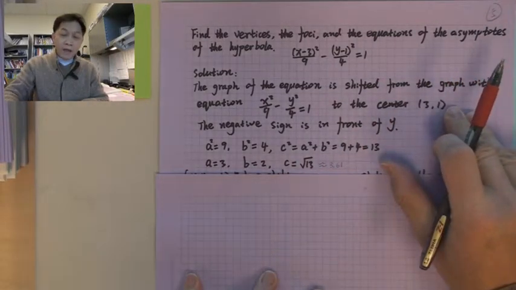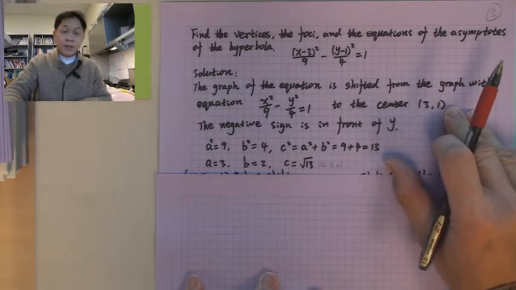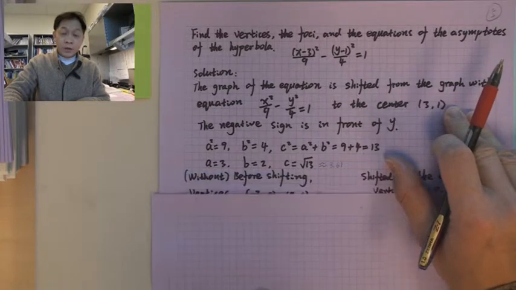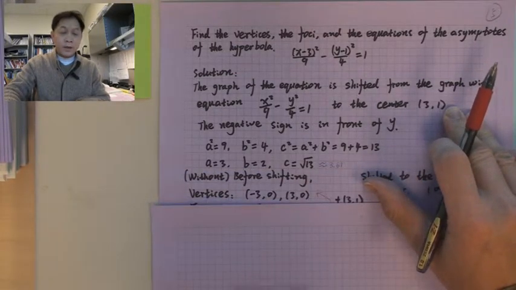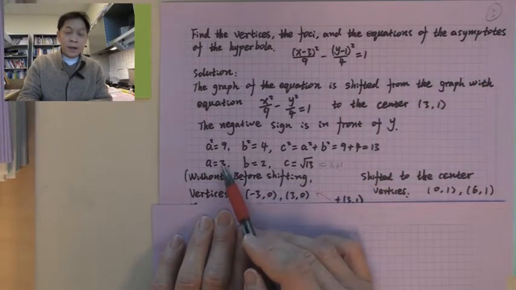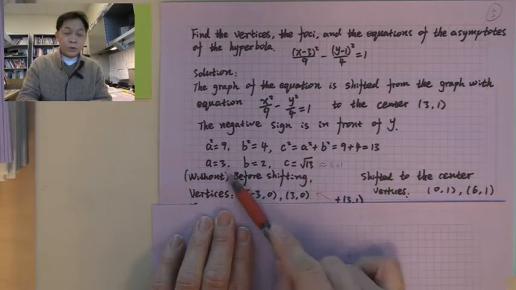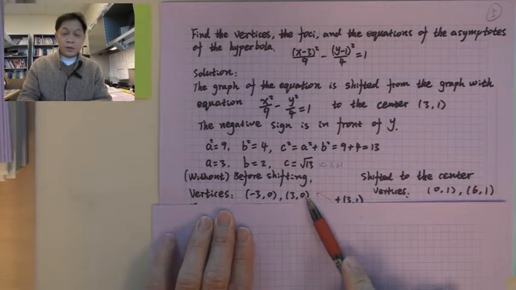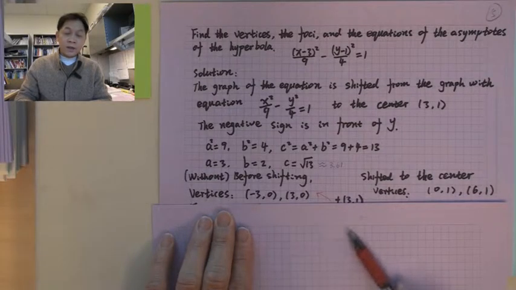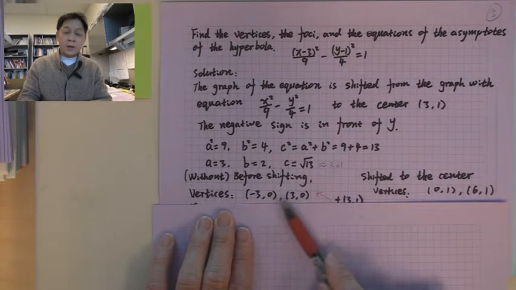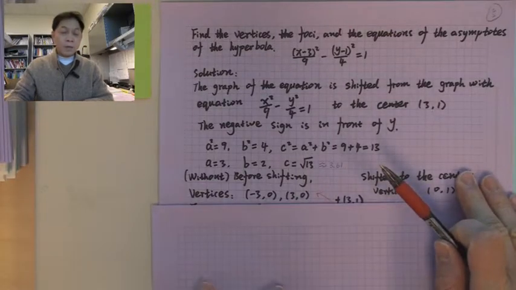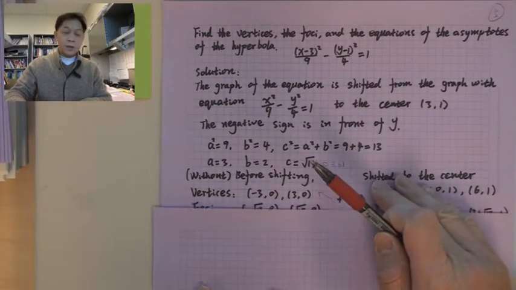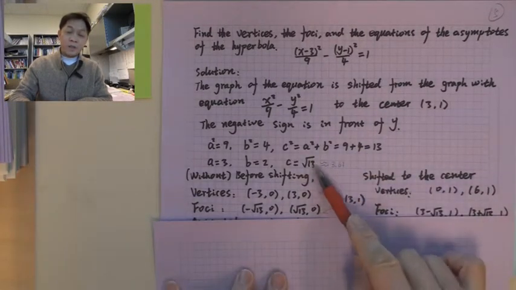Now we are ready to write the foci, vertices, and the equations of the asymptotes. The vertices is always a. So in this case, you will choose positive and negative 3, and then 0, because the vertices and foci are on the x-axis, so y always is 0. Now, this is the picture without shifting. And then foci, you will use c.